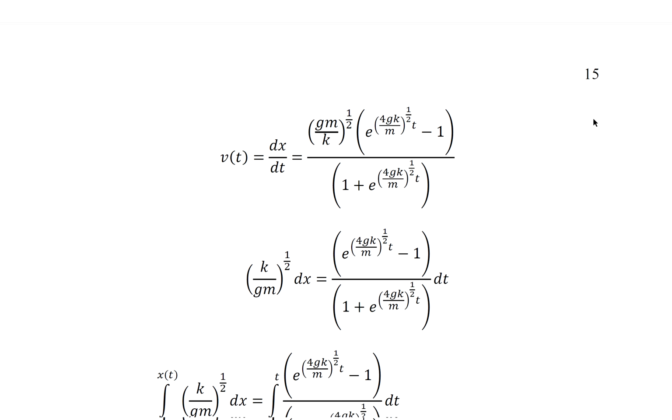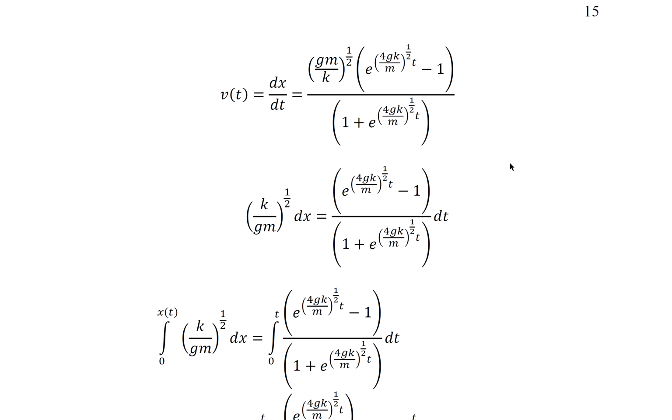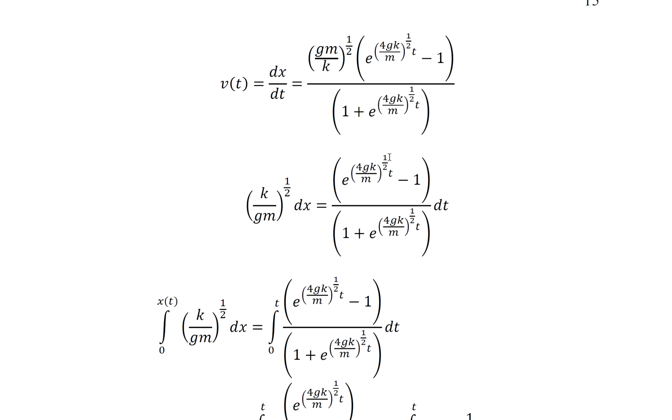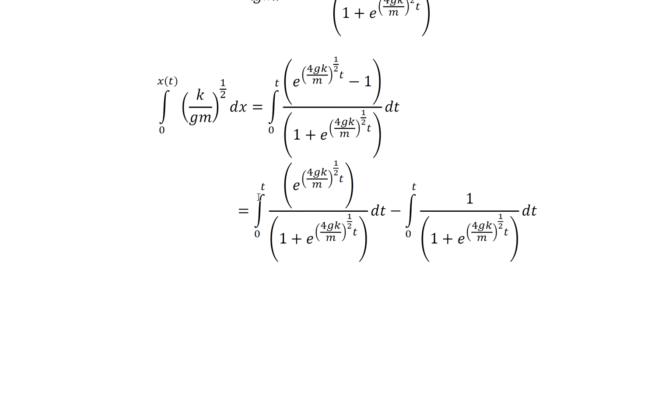Now velocity is equal to dx over dt. So now I could rearrange to make this equation look like this. Integrate both sides. Now I have these two fractions here.